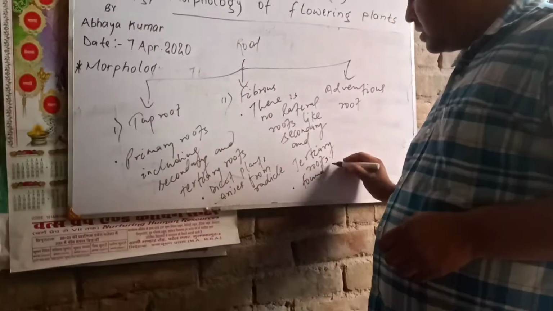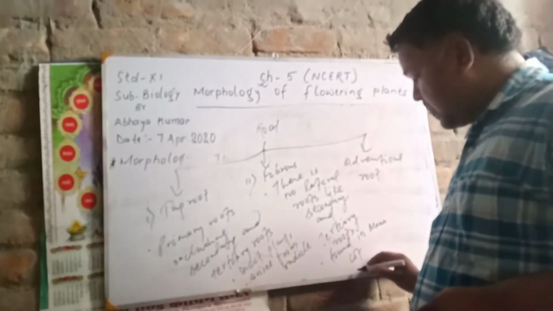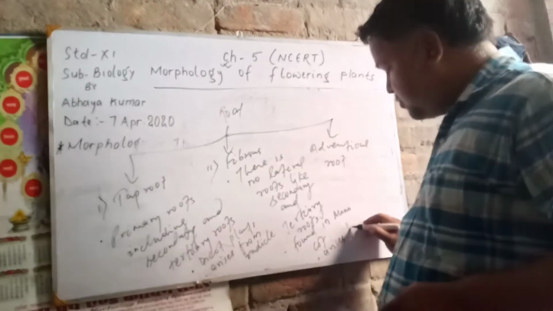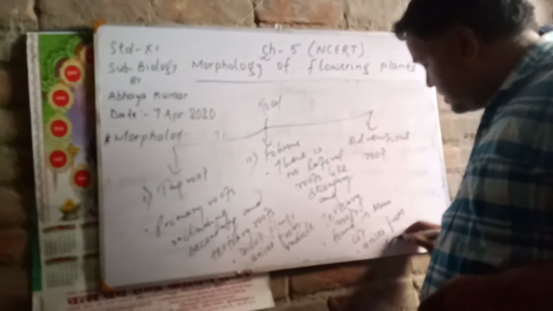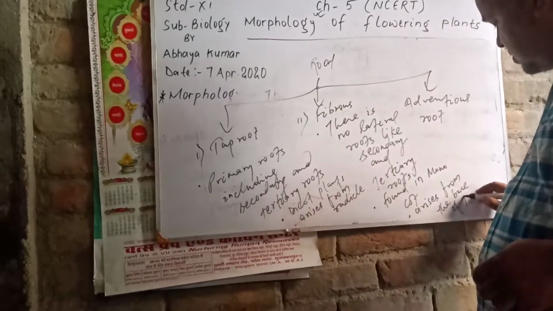Found in monocot and arises from the base of the shoot.